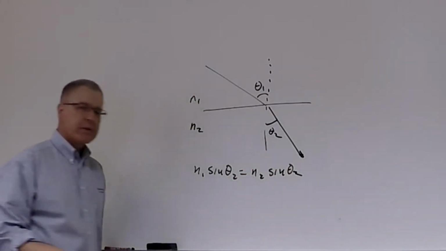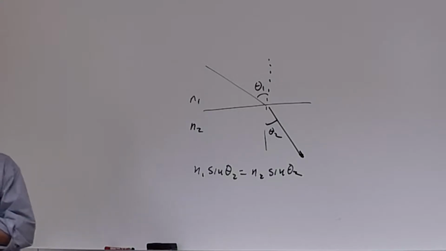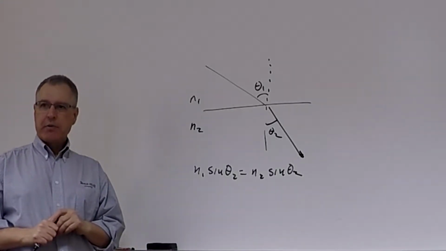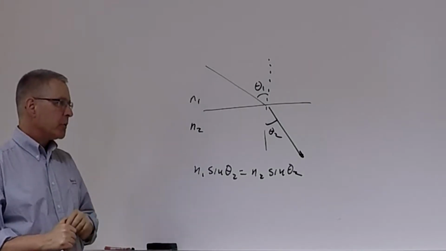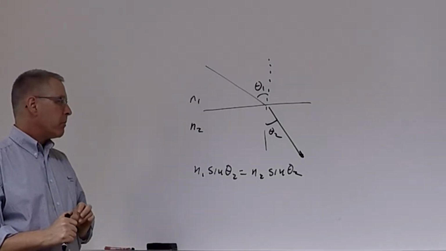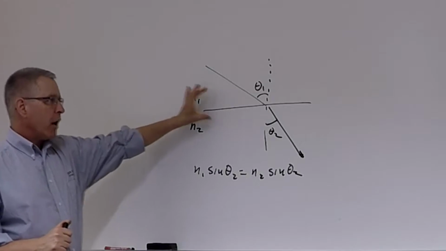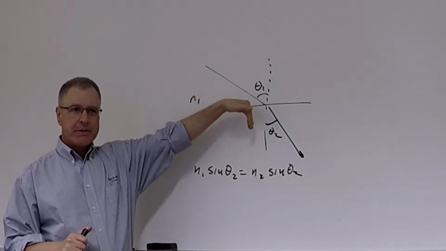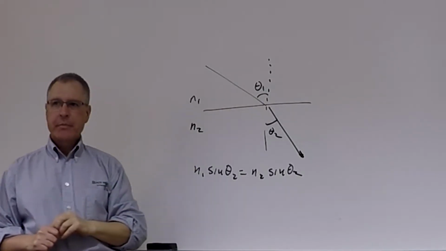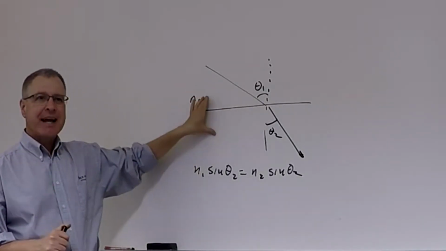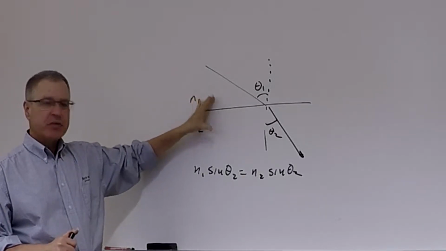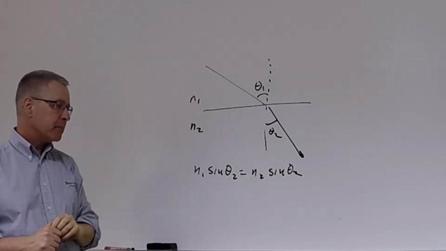Whether it bends towards the normal line or away from the normal line depends on if you're going from high to low or low to high index of refraction, but again, Snell's law would tell you that too. The larger the difference between these two indices, the more this light's going to bend. Of course, in an extreme, if they're exactly the same index of refraction, it won't bend at all. And the bigger the difference between these two, the more you'll get things to bend.